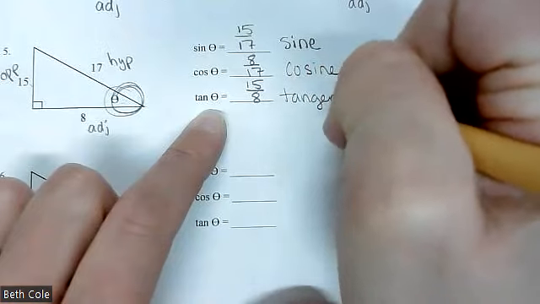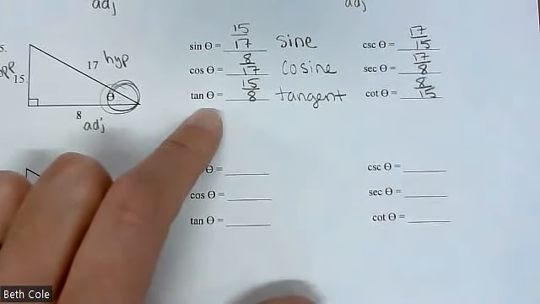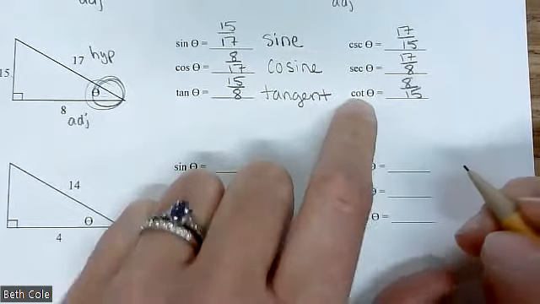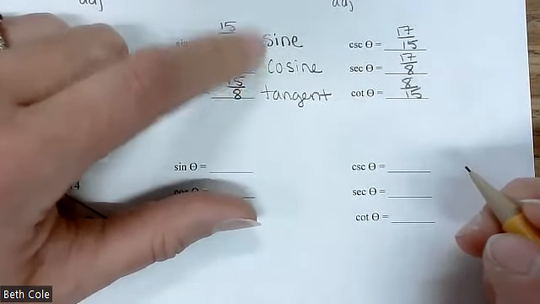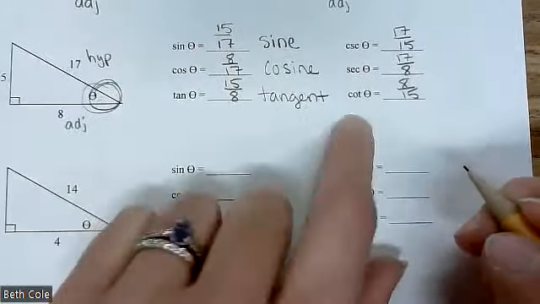Tangent is not difficult to spell, so I hope that one's okay. Now, these other 3, I'm going to start with this one. COT is cotangent. It's like how sine and cosine are co-functions. Tangent and cotangent are co-functions. It's tangent with a co in front of it. I saw a lot of you start to write it before I did, because you listened to me and you understood.